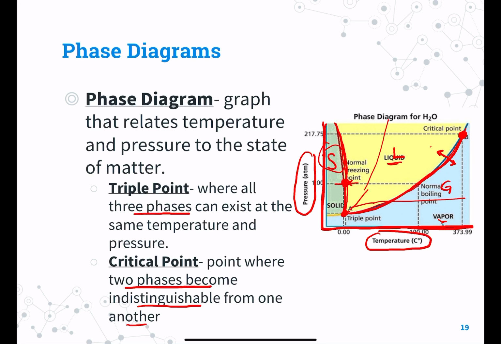Between a liquid and a gas is the boiling point. That's what it is called when a liquid changes to a gas. Now down here, where a solid goes to a gas, that's called sublimation. And that's important as well. You need to know these terms to be able to read a phase diagram.